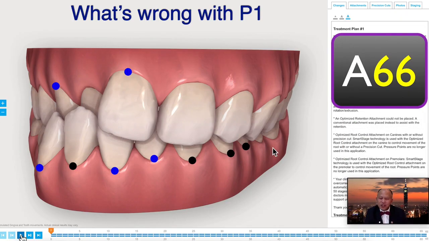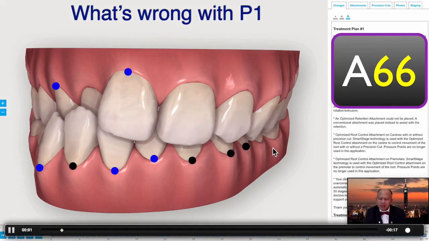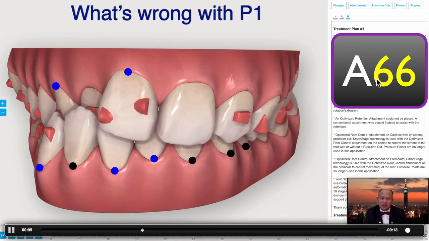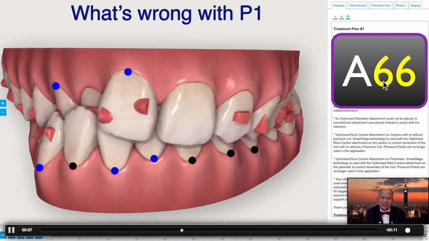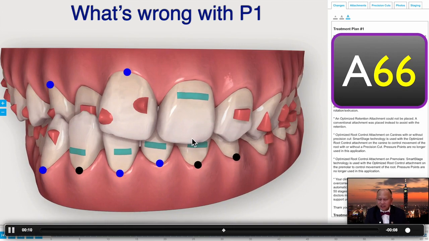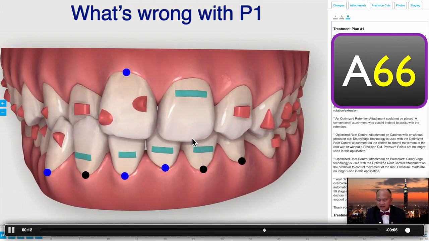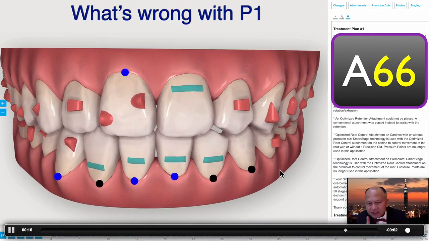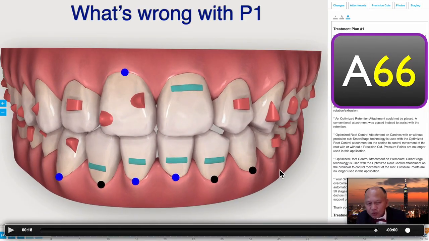So when the ClinCheck comes back a couple of days later, and it was 66 aligners, they used 66 aligners for this case. Your job is to look at whether the tooth movement is the right tooth movement, and whether the speed is also right. And if there is anything wrong, you have to identify the mistake.